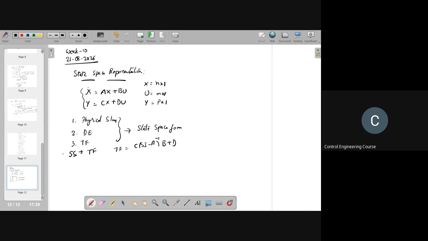Then I also discussed how we analyze the stability of a system if the system is given in state space form. In the case of a transfer function, we find the roots of the characteristic equation. The roots of the characteristic equation are your poles, right?